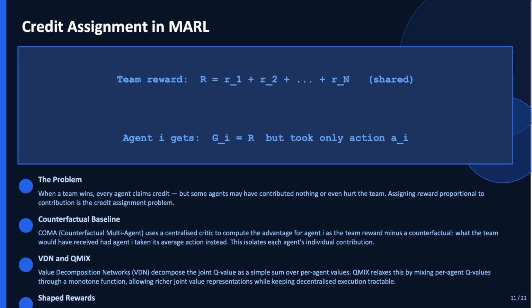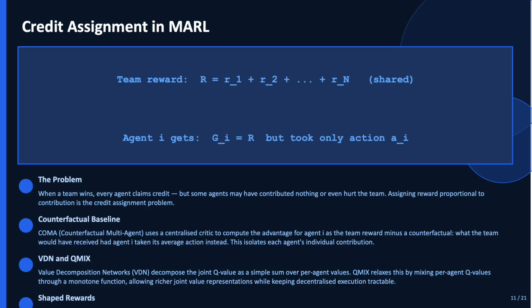In the simplest cooperative setting, every agent receives the full team reward regardless of its individual contribution, which means an agent that did nothing useful receives the same training signal as one whose action was decisive.